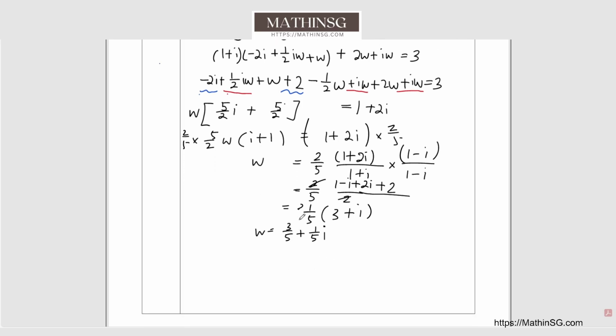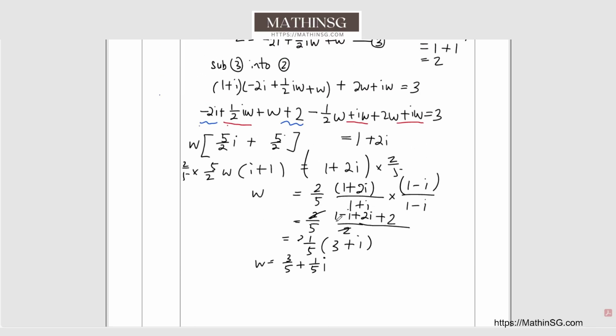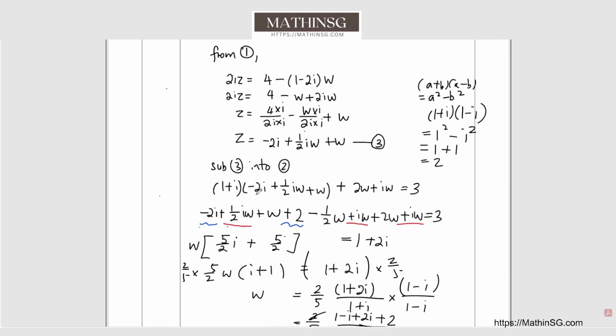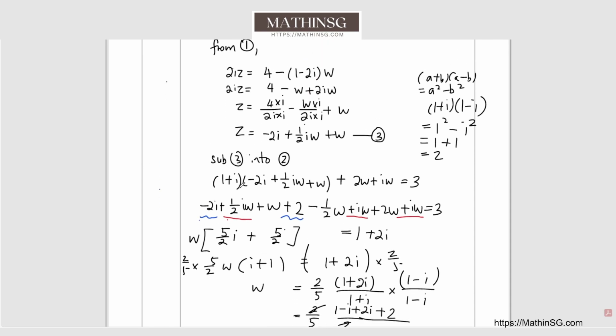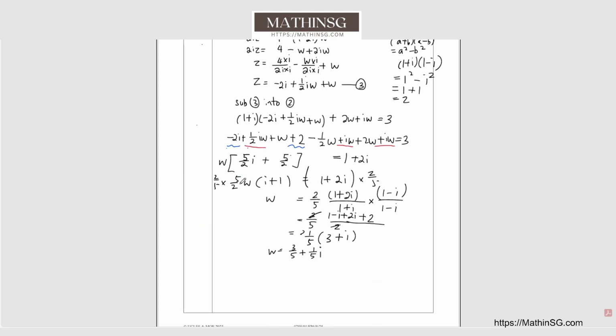Okay. So typically, what I'll suggest to students, while you're showing the expansion, type it into the calculator. Make sure you get the same answer. Okay, then you're done. Then next, we need to find z as well, right? So I need to sub w into z.